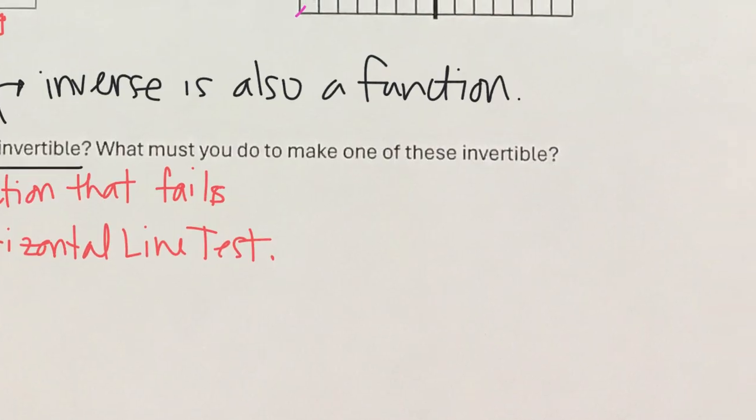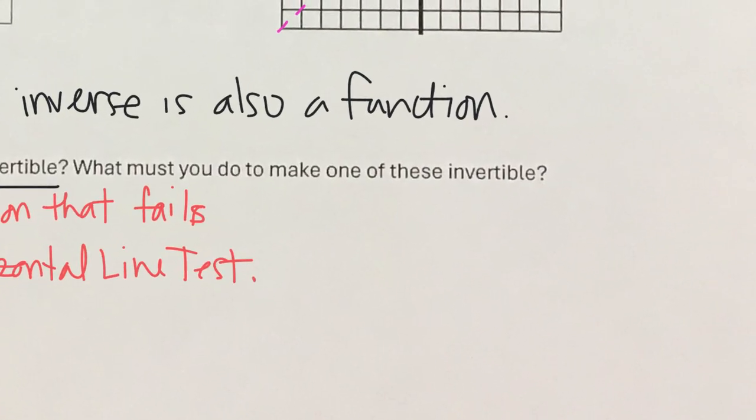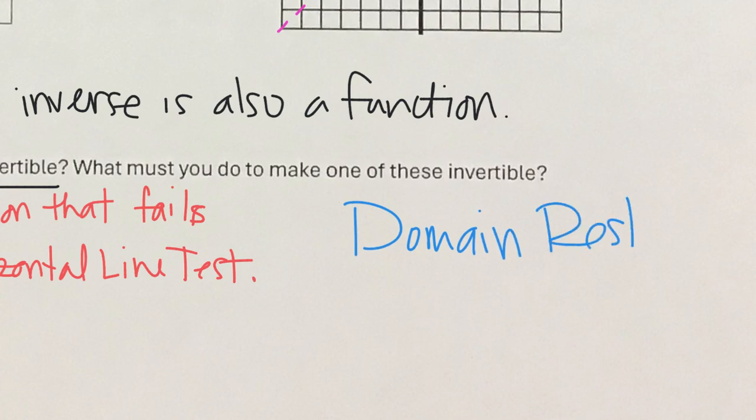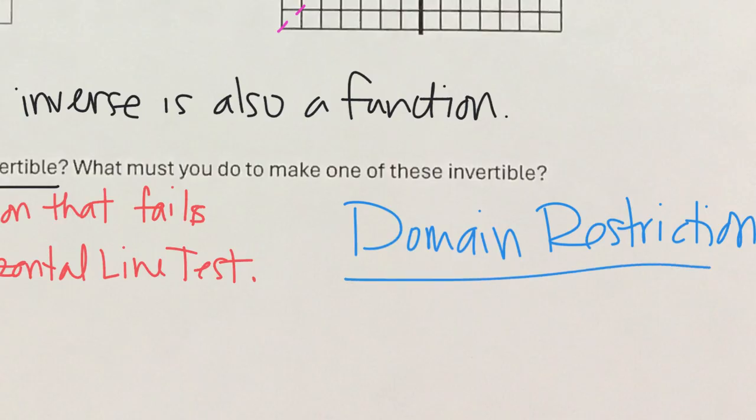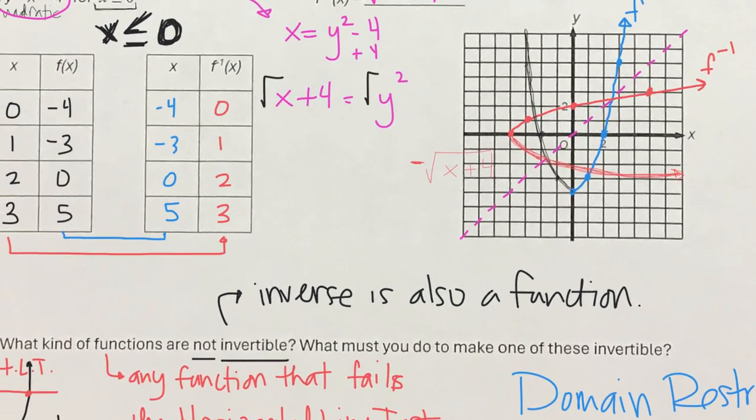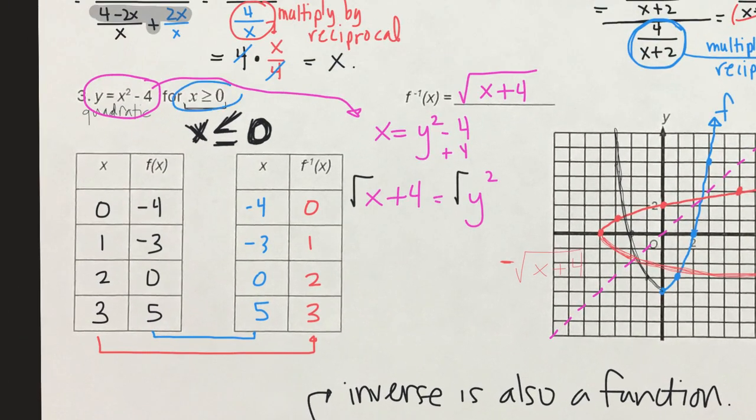So what do you have to do to make it invertible? You have to do some type of domain restriction, just like we had on our previous problem. Right? Our previous problem said only take the positive values of x. Because if we didn't, we would not have an invertible function.